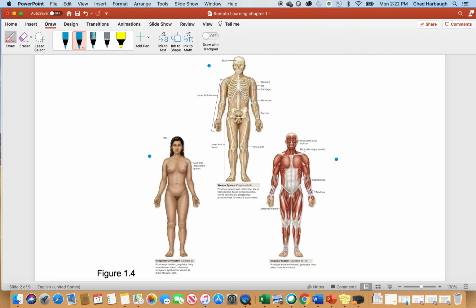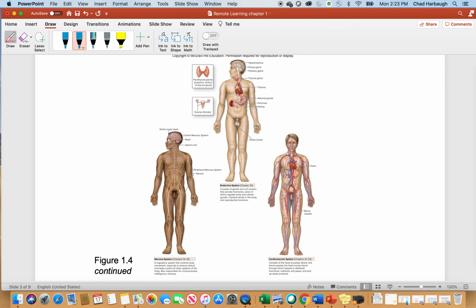Its main job is the production of heat during body movement, and it also allows for contraction, which is an accessory for locomotion. And again, when we look at the muscular system, we'll see different types of muscles in the human body, whether it be bipinnate or unipinnate types of muscles.